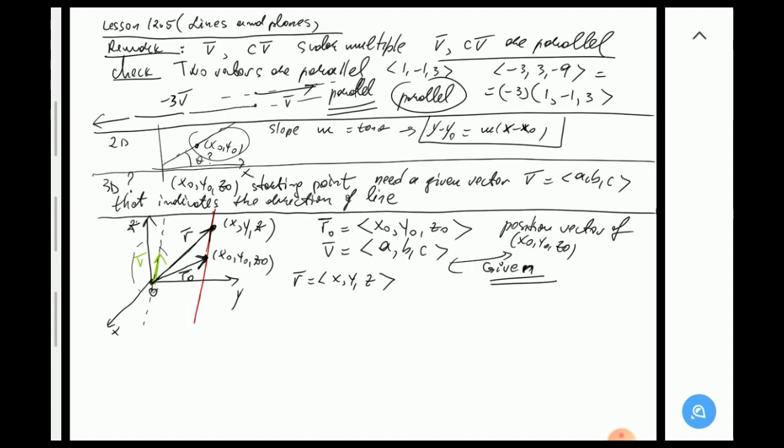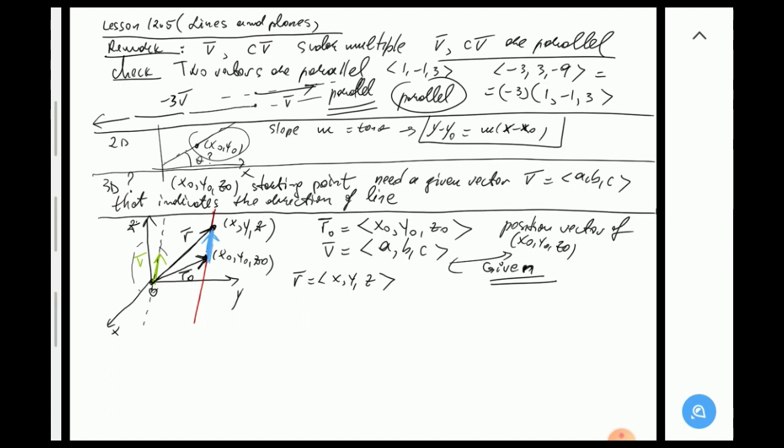Let's make a vector from r naught to r, like a vector on this side of the triangle, pointing from x naught, y naught, z naught to x, y, z.